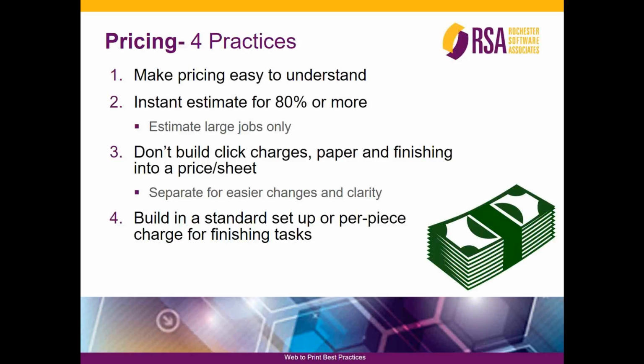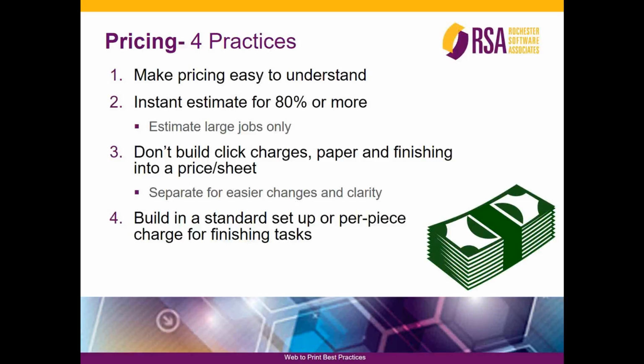Those are all great things, and you'll want to see that you can do an instant estimate 80% or more of the time, and as long as you communicate to your users that the large jobs we're going to estimate to try to get you a better price on, they'll understand all that and be happy to work with you on it.